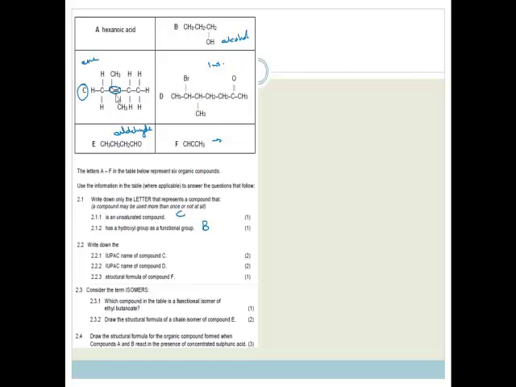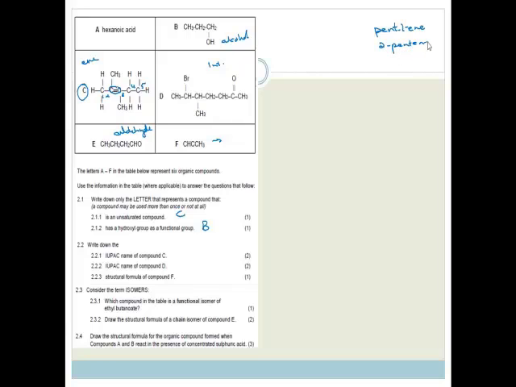So we might as well count from the left because we always count closer to the functional group unless it's just branches. So it's going to be 1, 2, 3, 4, and 5. So 5 is pent. Do we agree? Pent, and the double bond means it's pentene, and we're finding it on carbon 2. Okay, so you're either going to write pent-2-ene or you're going to write 2-pentene.